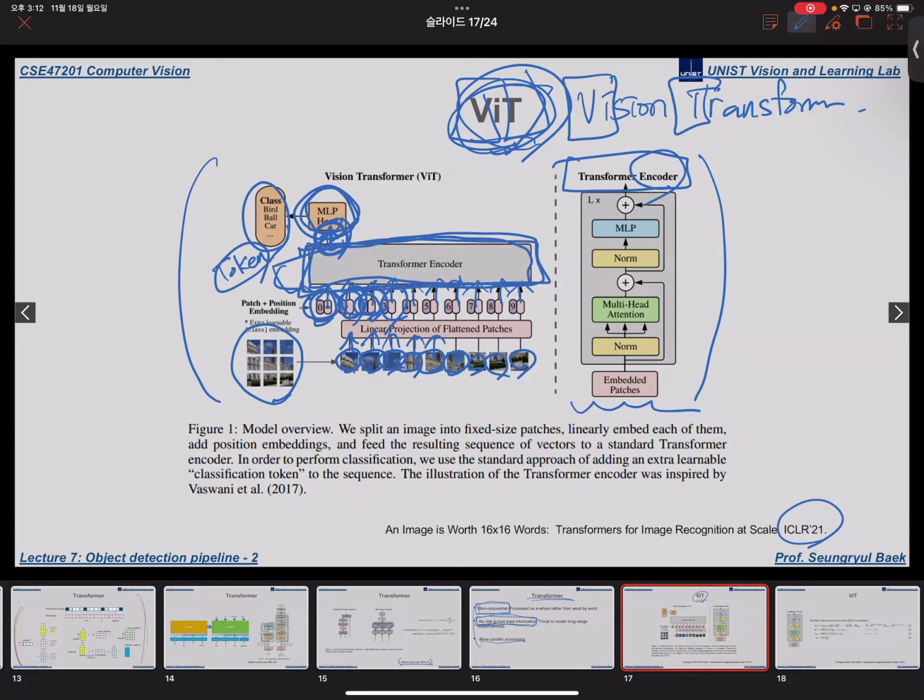If we train the transformer encoder, then we can actually train the transformer towards the image classification task, okay? This is also showing the embedded patches, okay? This might be the feature for each patch plus the positional, the spatial encoding, okay?